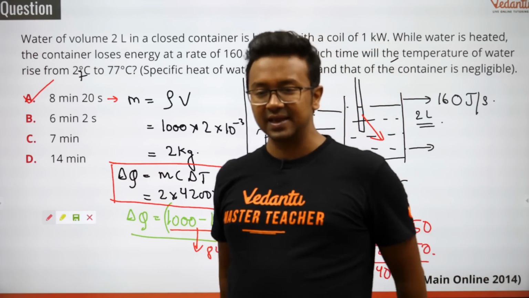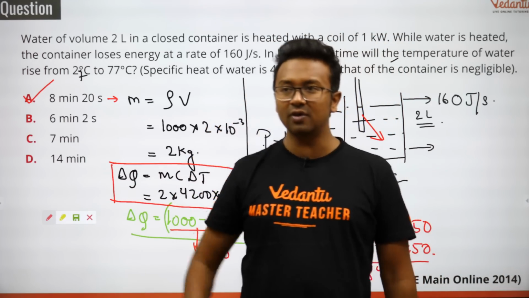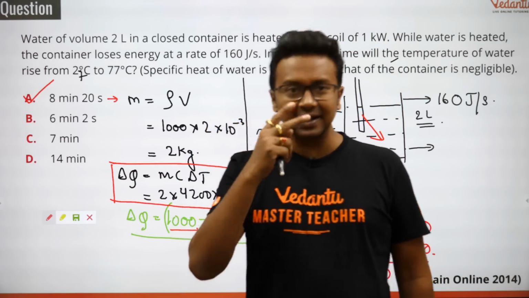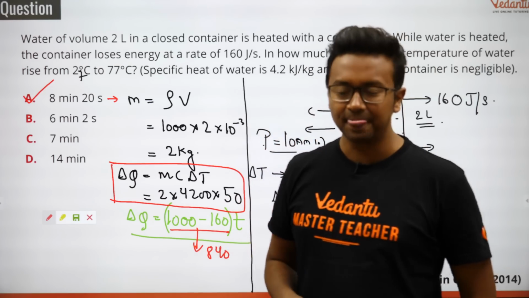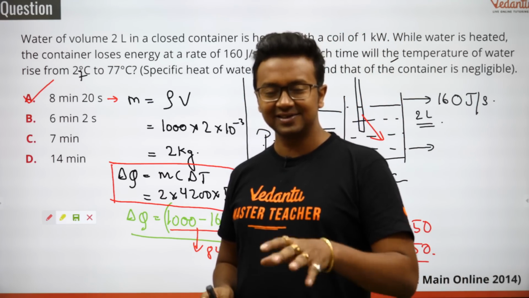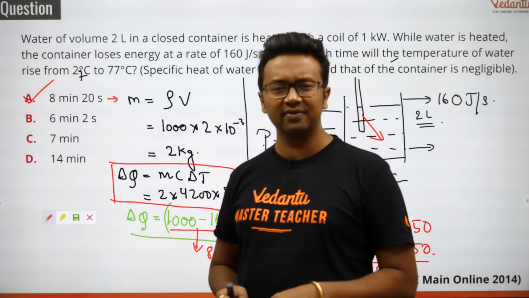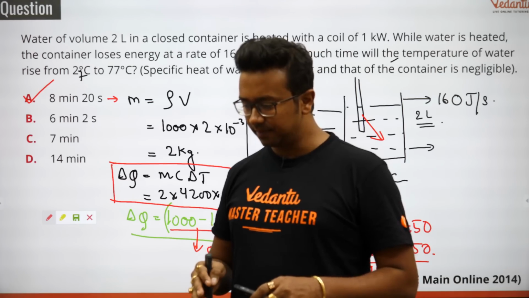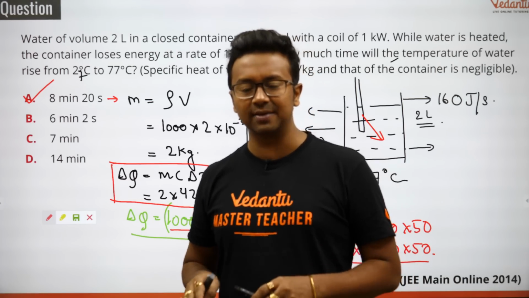See, my dear students, many times this particular thing used to come into my mind as well. Celsius and Kelvin don't make much of a difference when it comes to heat and thermodynamics.